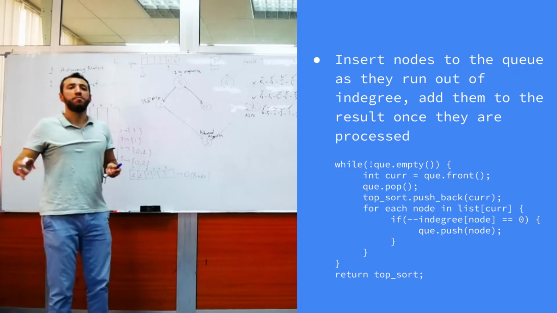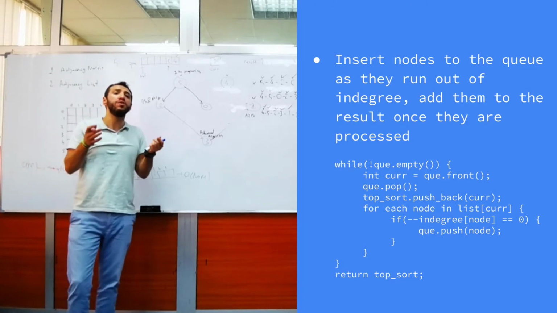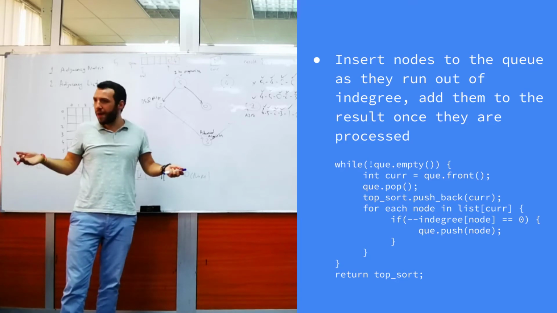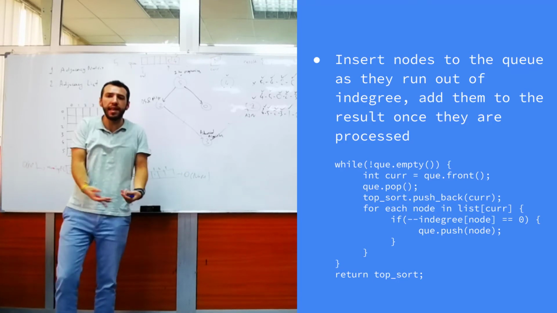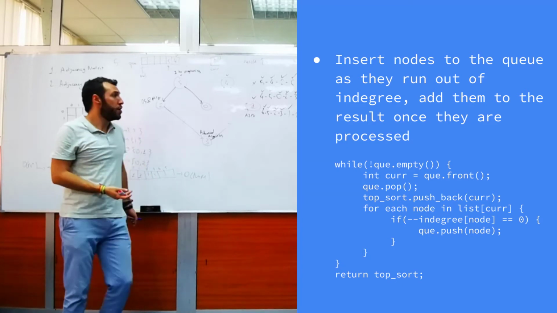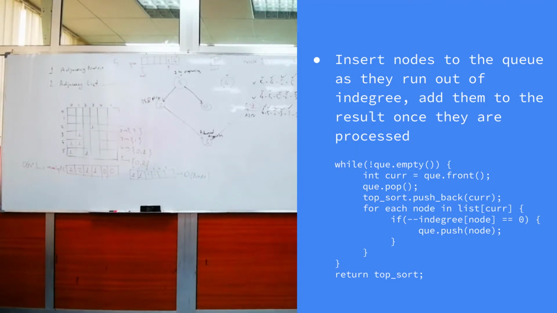So let's remember which nodes were the safest to start execution from. 0 dependencies, right? If there is 1 dependency, I still cannot start that. That dependency has to be resolved first. That's why, if you look here, we are decreasing the in degree for the destination of the edges that come from the currently processed node.